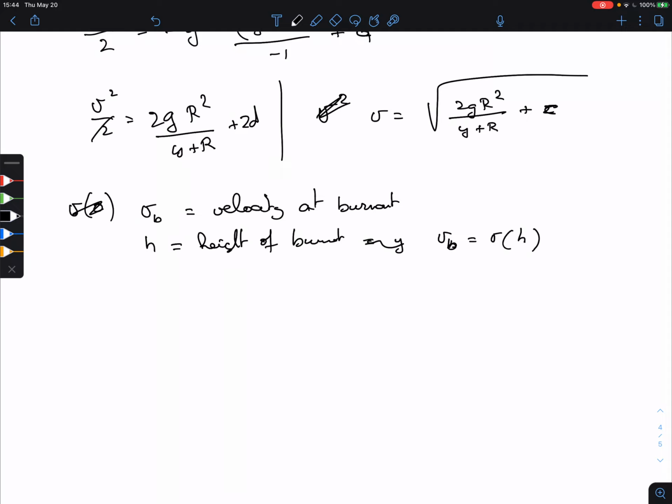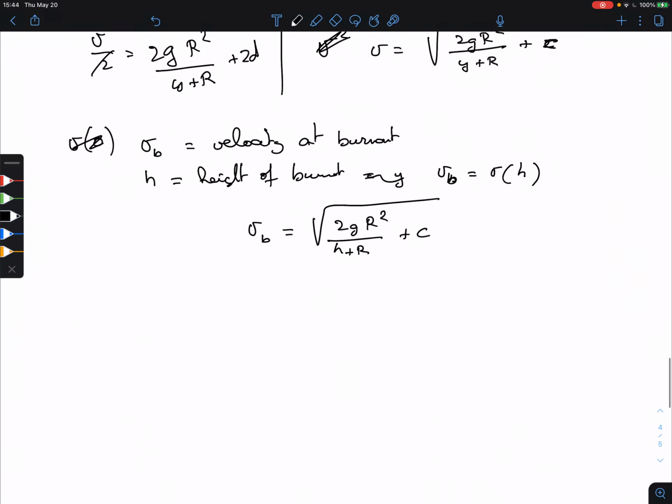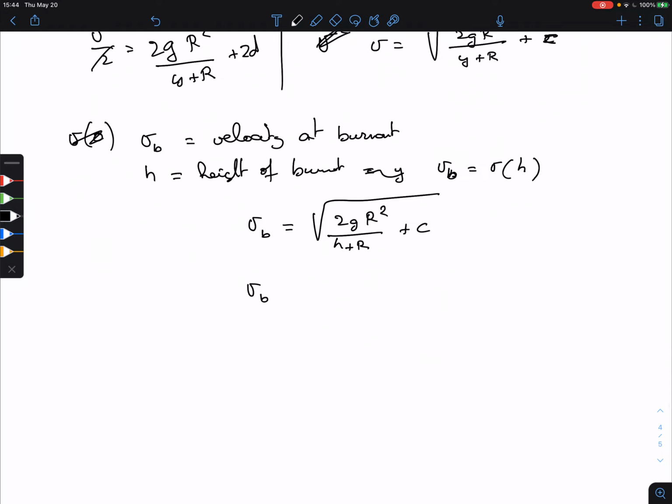So what is that? Well, we plug this in. The burnout velocity is, now plug this in, 2gr squared over y, which is now h plus r, plus a constant. It is sometimes easier to find, so let's square both sides again. Vb squared is equal to 2gr squared over h plus r plus c.